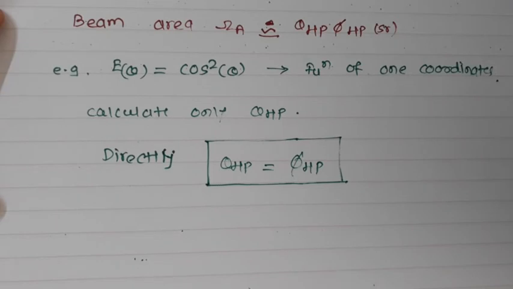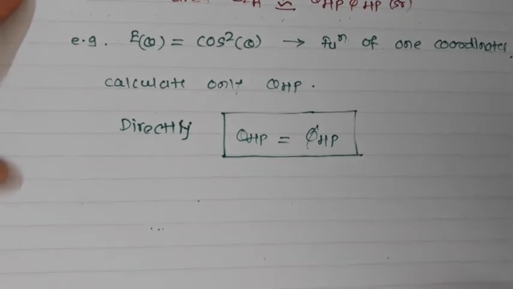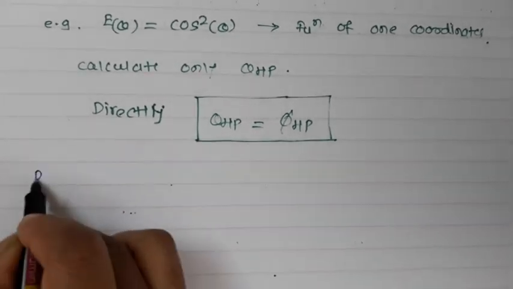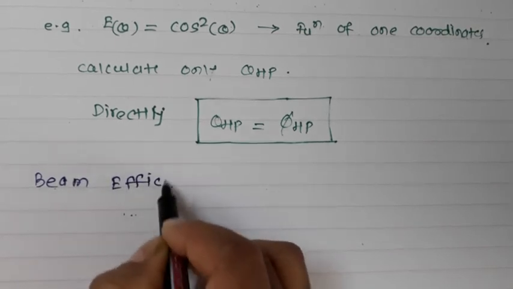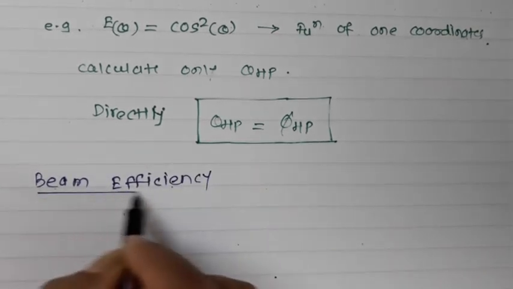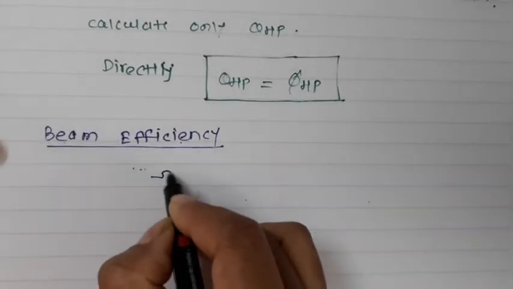Now let us talk about the beam efficiency. So when I talk about the beam efficiency, I'll define what we mean by it. You will have minor lobes and major lobes, so while calculating the beam efficiency you need to add both.